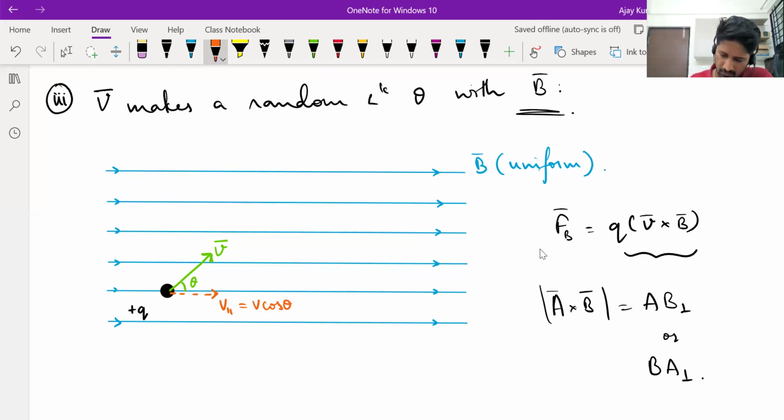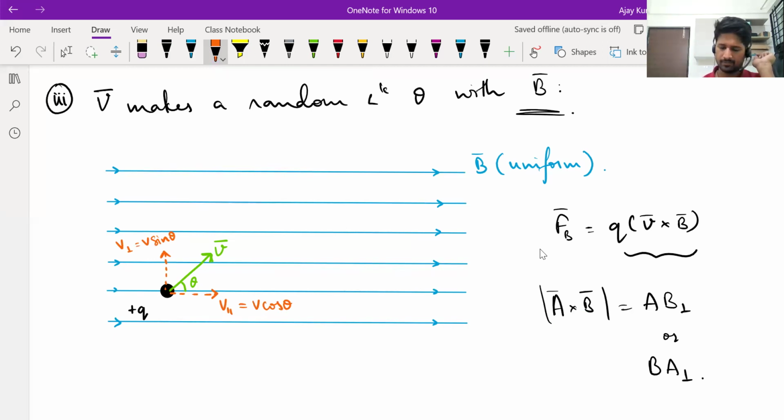And another component of velocity perpendicular to the magnetic field, V perpendicular, which is V sin theta. Now in this case, the magnetic field is in the x direction. And we had discussed in the last class, a charge executing circular motion in a magnetic field moves along that circle in a plane perpendicular to the magnetic field.